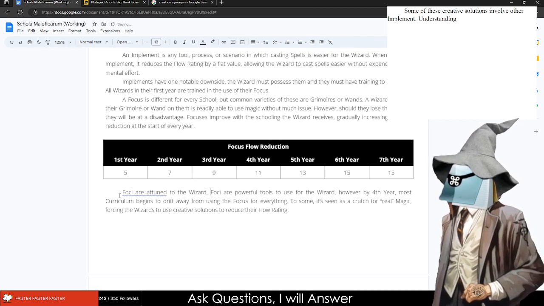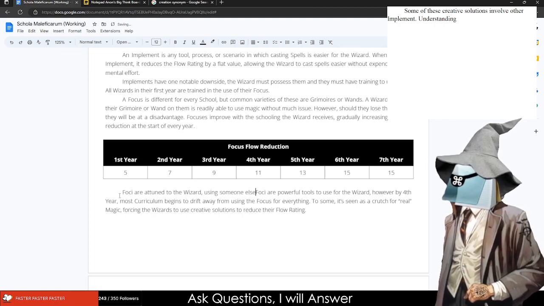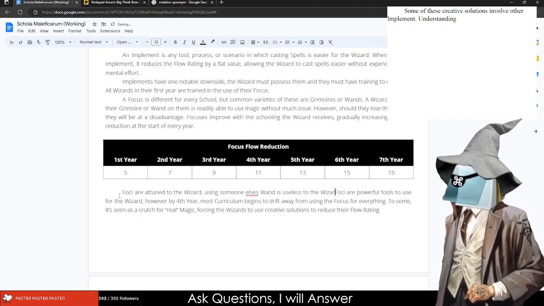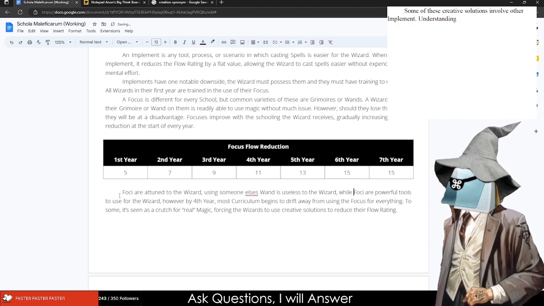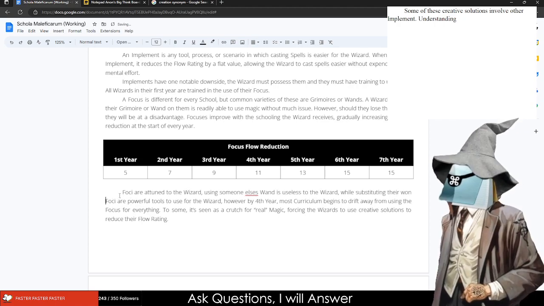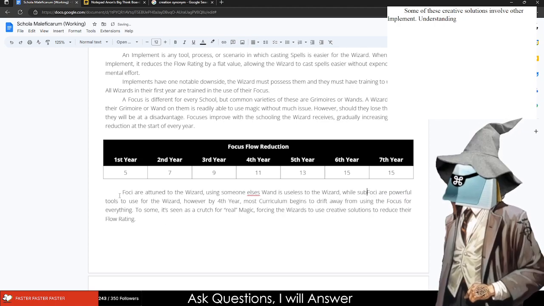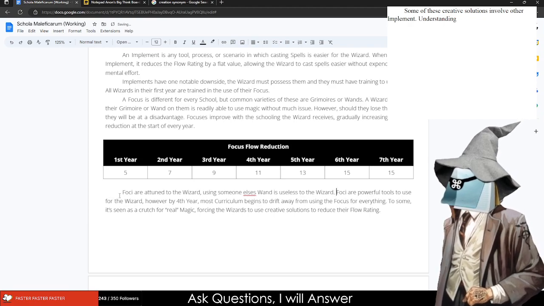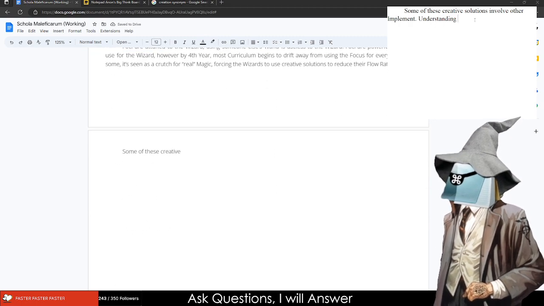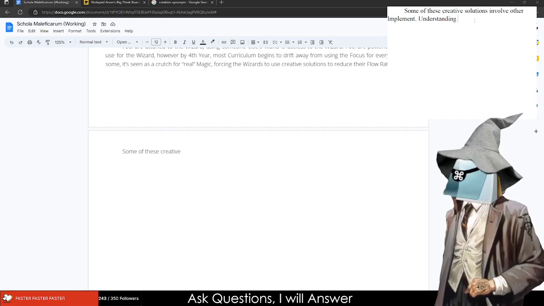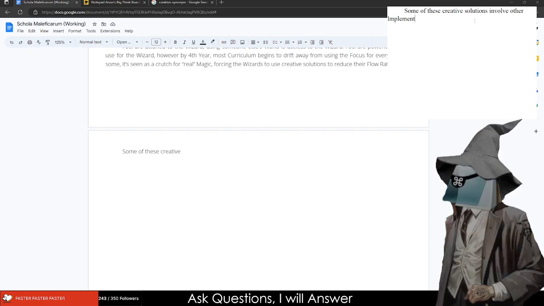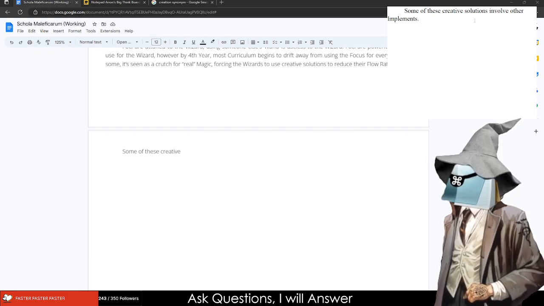Using someone else's wand is useless to the wizard. Foci are okay, there we go. Foci are a powerful tool to use. Wizard attunes foci to wizard. Some of these more creative solutions involve other implements. How do I want to word this?